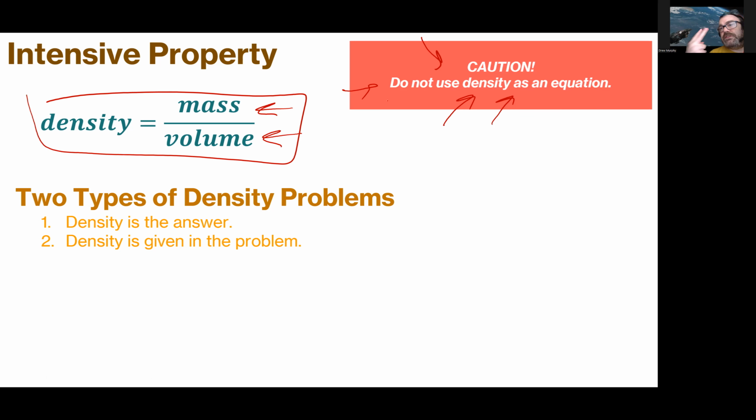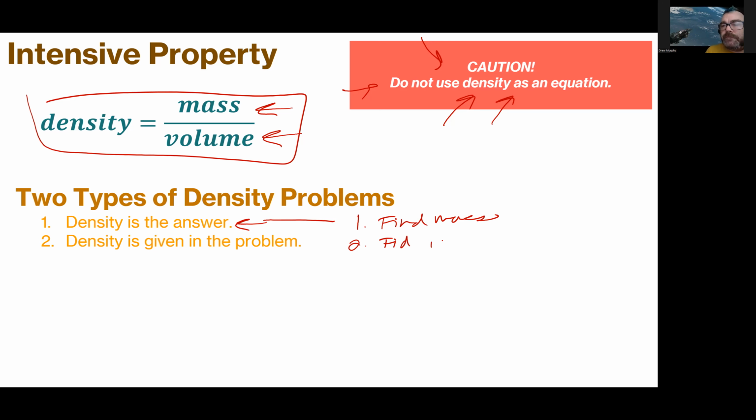We're going to see two main types of density problems. One of those is where density is going to be the answer. We'll see one of these in a second. If density is the answer, then you're going to have three steps. You're going to find the mass. Sometimes mass is given in the problem. Sometimes you have to do some calculations to figure out mass, but you figure out what the mass is.